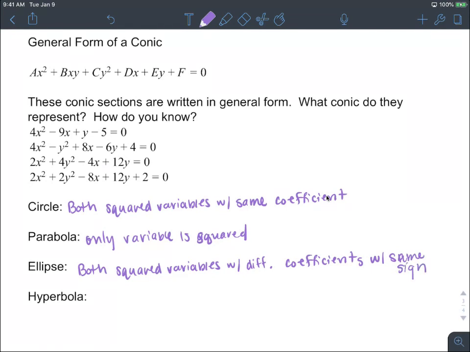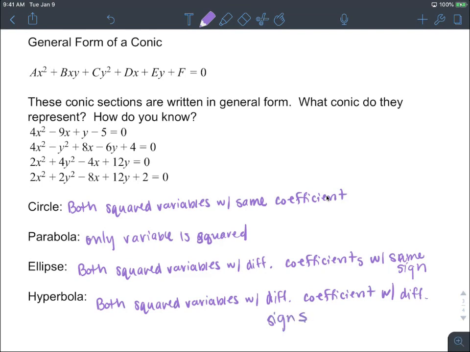Okay. And then lastly, we have the hyperbola where both variables are squared with different coefficients with different signs.